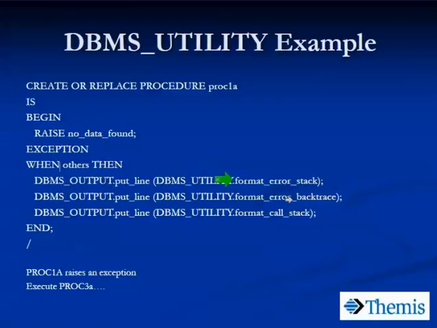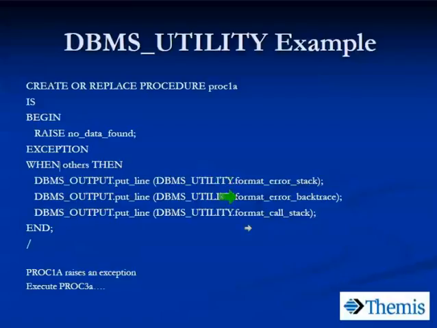Calling the format error stack is basically the same thing. However, if you call the SQLERRM, it's going to return the error message, but it also returns that in a certain number of bytes, 255 characters. So it will truncate longer messages if you call the SQLERRM, whereas the format error stack will not.